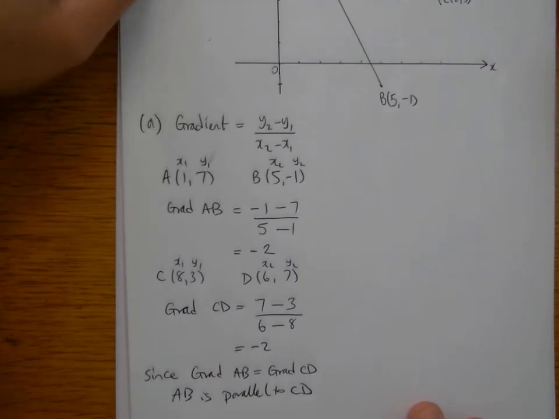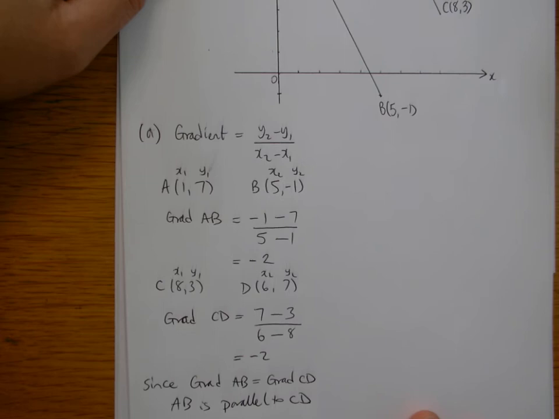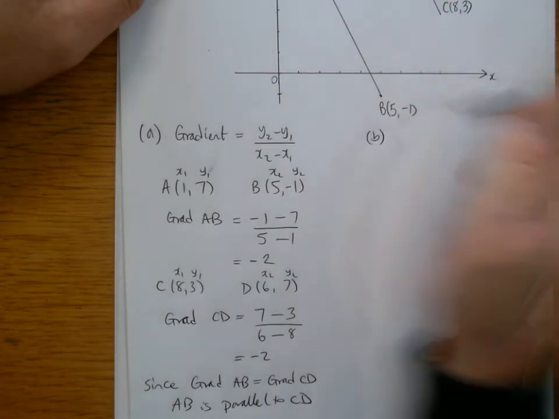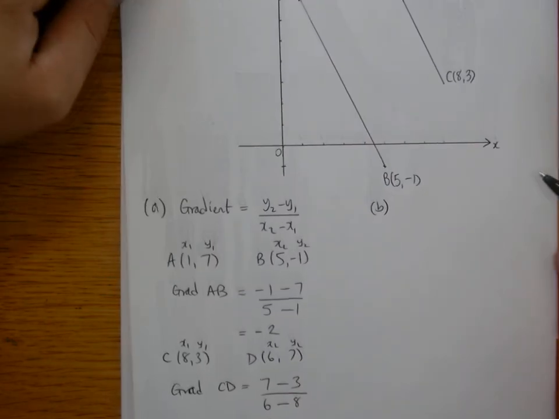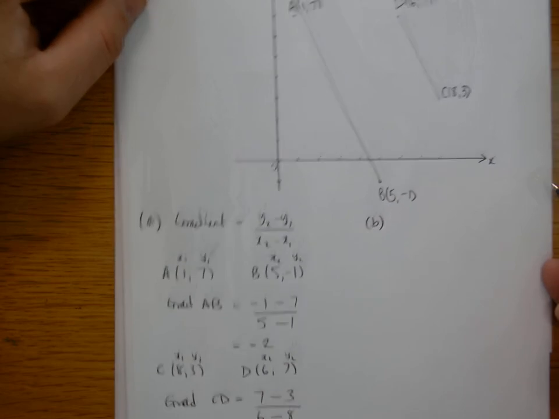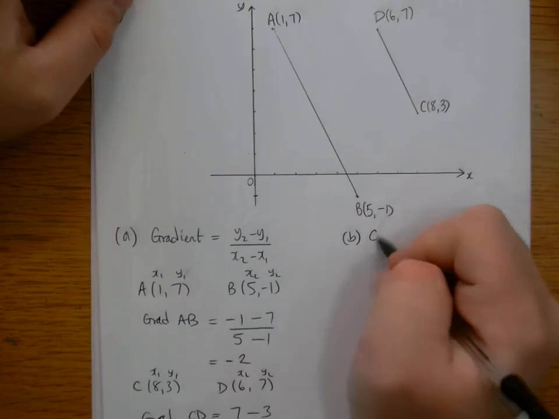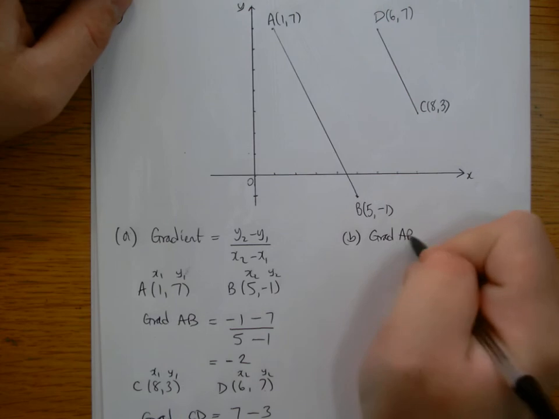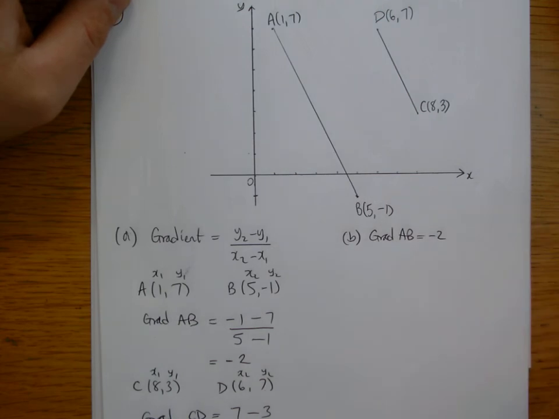Now in part B, the next part, it says find the equation of AB. Now remember, to get the equation, you need the gradient and you need a point on that line. We know the gradient of AB is equal to minus 2, and we need a point.